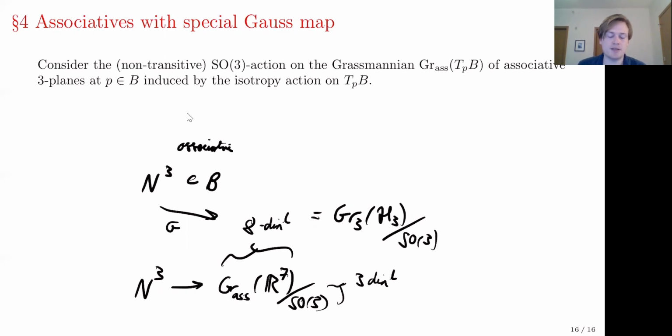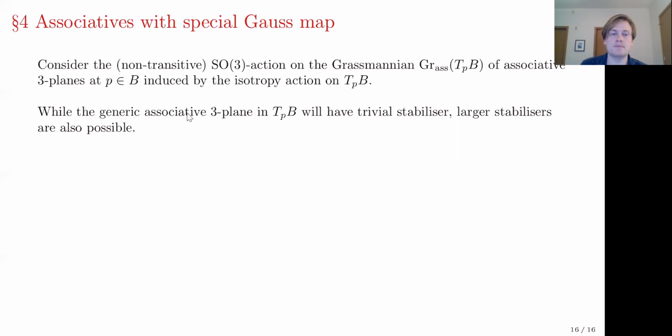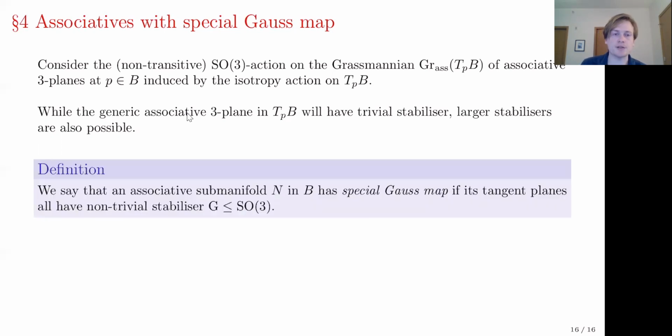But we can focus on the interesting points of this space where you have an extra stabilizer. So I'll say that the generic associative 3-plane in TpB will have trivial stabilizer, but you can actually have larger stabilizers. So our definition will be, we'll say an associative submanifold N in the Berger space has special Gauss map if all of its tangent planes have a non-trivial stabilizer G in SO3.